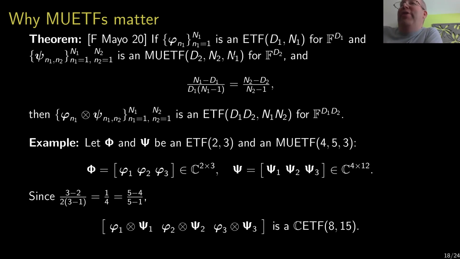And notice that with this, the number of mutually unbiased ETFs I have actually equals the number of vectors in the first ETF. So I got 2 ingredients here, one ETF and a mutually unbiased ETF with second parameters where the number of them equals the number of vectors in the first. And I need these parameters to meet this condition. And I'll explain that condition coming up.